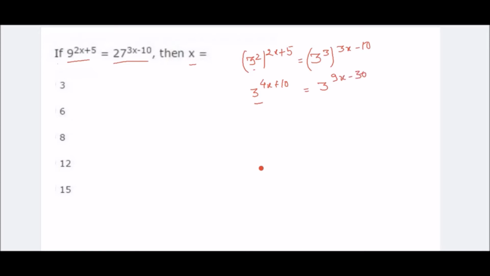See here, bases are equal, that's why we compare the powers. 4x plus 10 equals 9x minus 30. So solve it: 9x minus 4x is equal to 10 plus 30, that will be 5x equal to 40, and x becomes 8. So our answer choice is the third option.